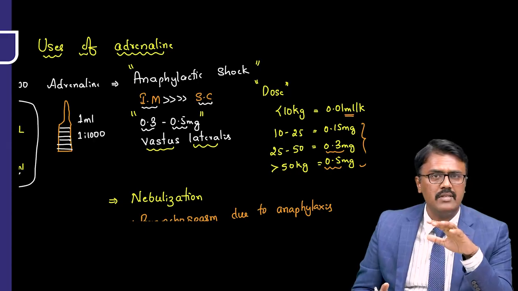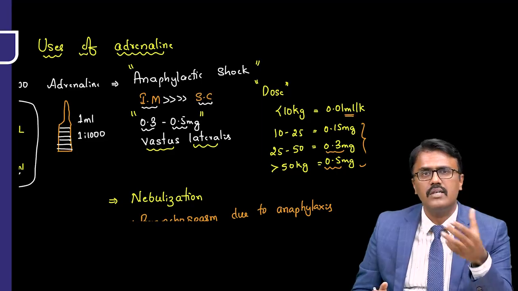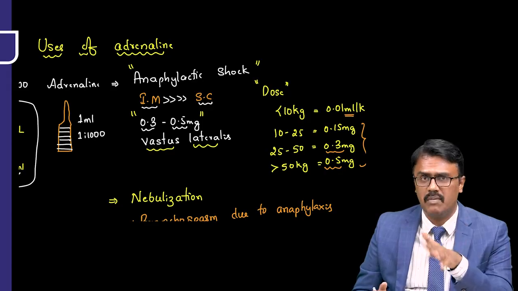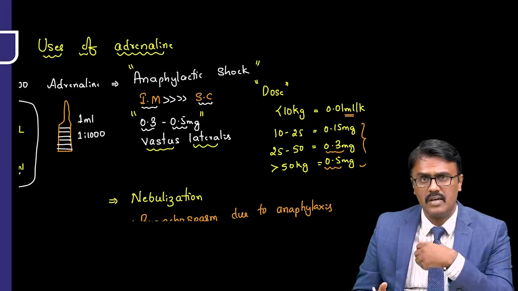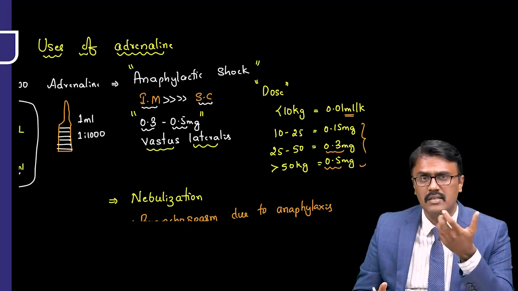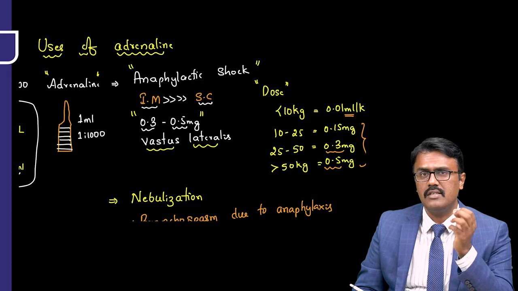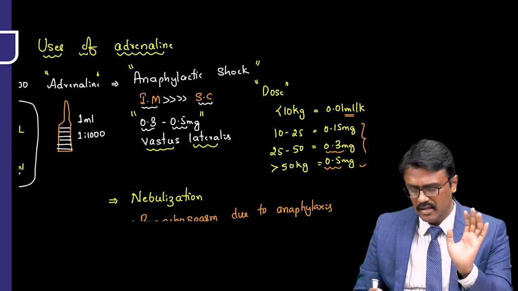The histamine actions, which are vasodilation and bronchoconstriction, are all reversed by adrenaline. So adrenaline is the physiological antagonist of histamine, and all the actions of histamine are reversed by it. That's why the drug of choice for anaphylactic shock is adrenaline. A repeatedly asked question in exams.